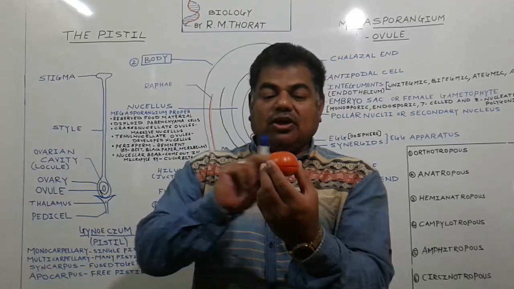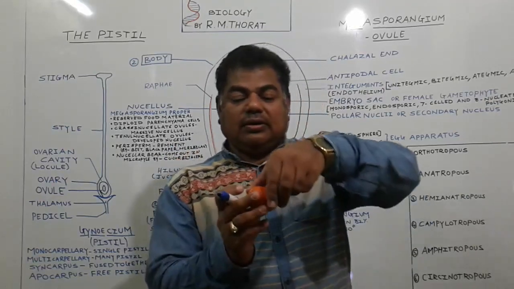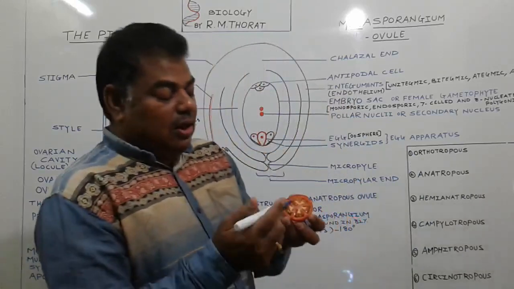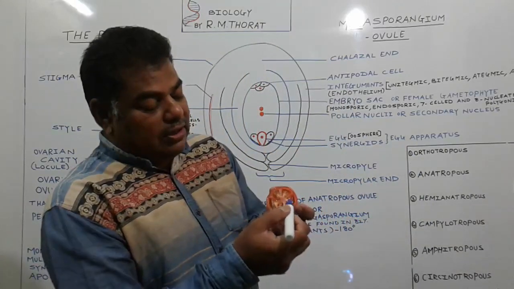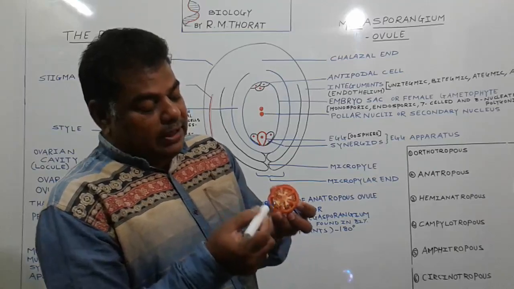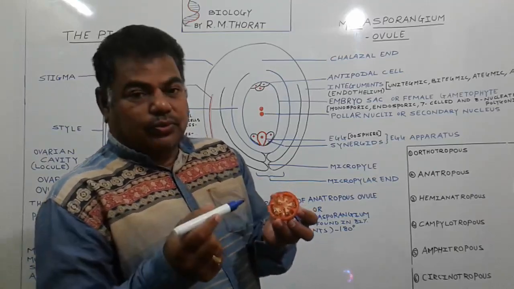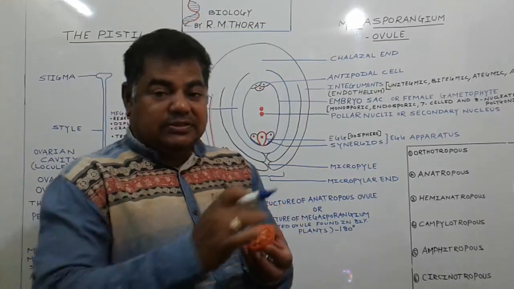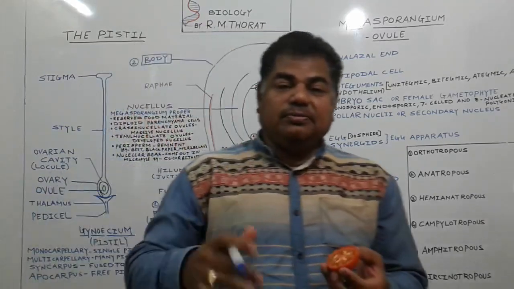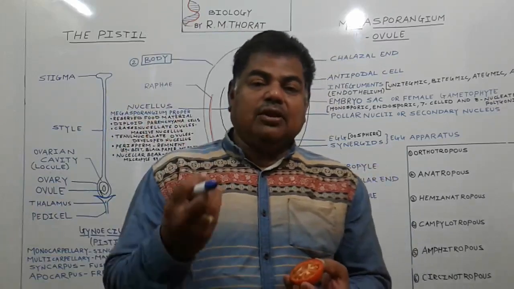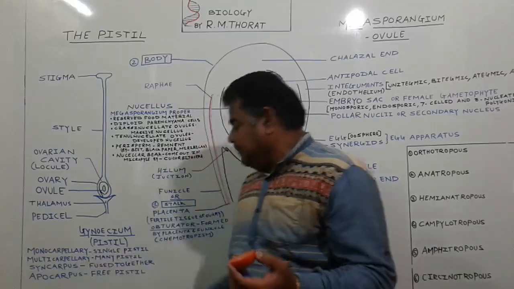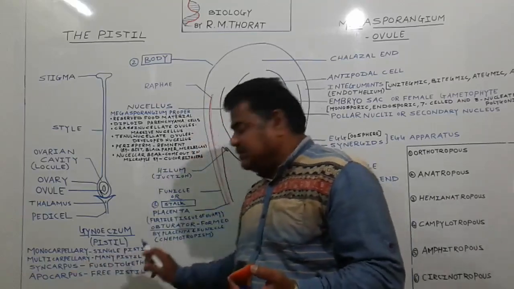If we take the section of this tomato, inside this tomato, see here, how many locules are present? 1, 2, 3, 4, 5. Means this tomato is made up of how many leaves? 5 leaves. Means it is made up of how many pistils? 5 pistils. Means this tomato is multicarpellary. It is made up of many pistils.